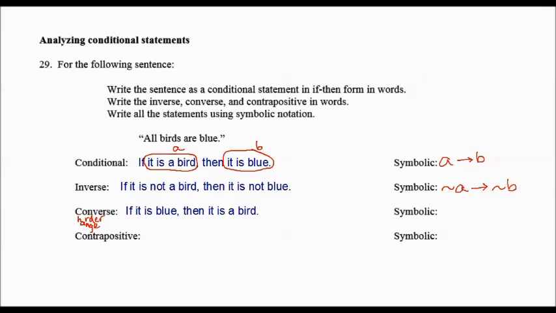The symbolic version of that would be, now we go from B to A. The contrapositive is where we both negate and change order. So, if it is not blue, then it is not a bird. We would say not B leads to not A.